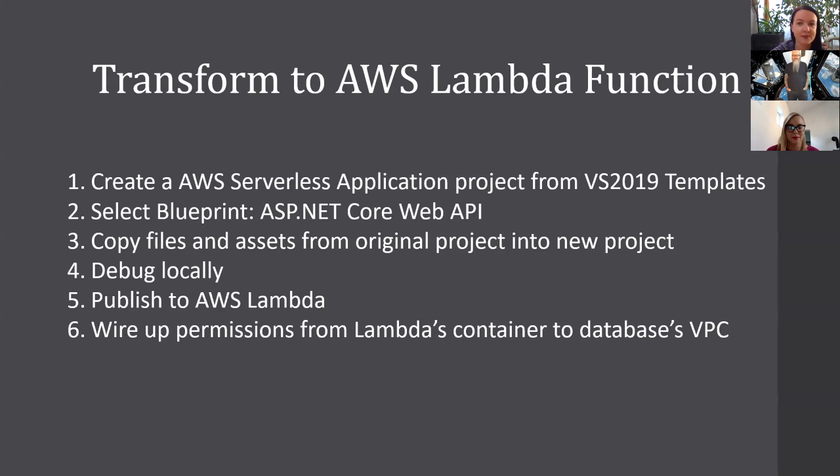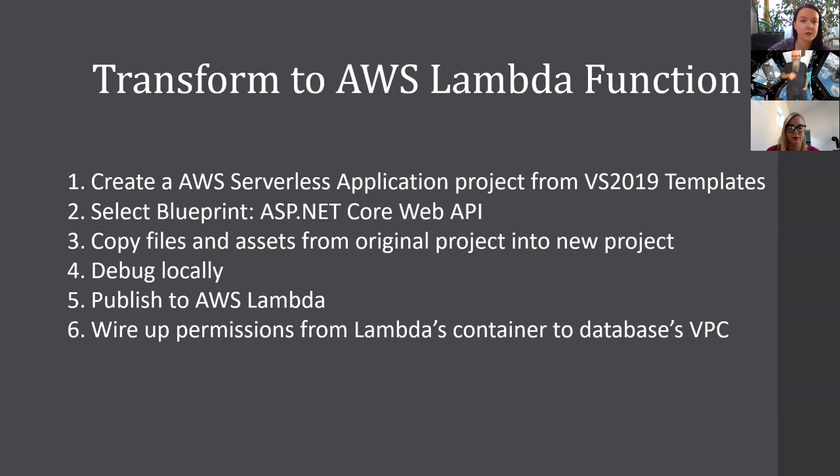That gives you all of the infrastructure for the function and the deployment and everything it needs. And when you say, okay, I want to do a serverless application, it asks what flavor of serverless application, and I said I want an ASP.NET Core Web API. So it sets up the basics.